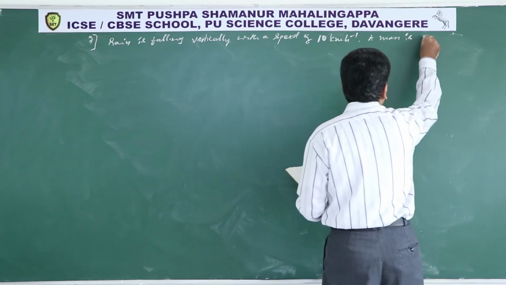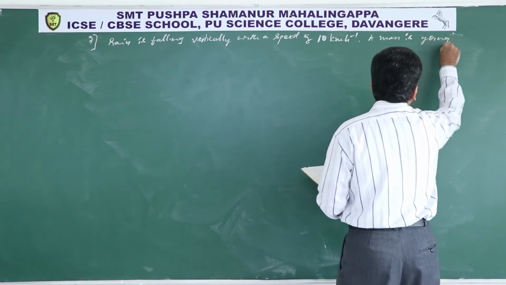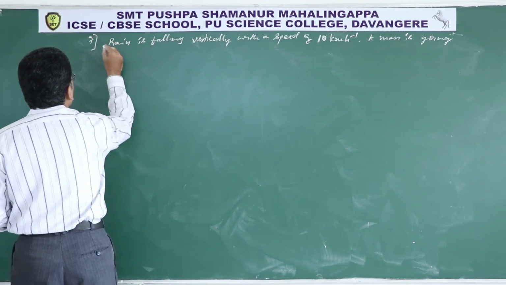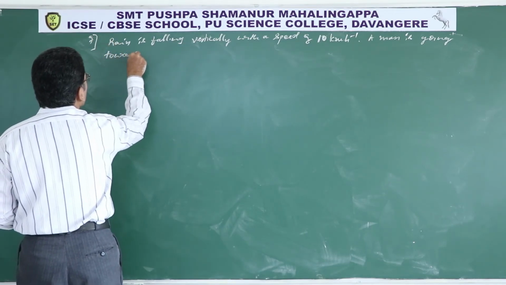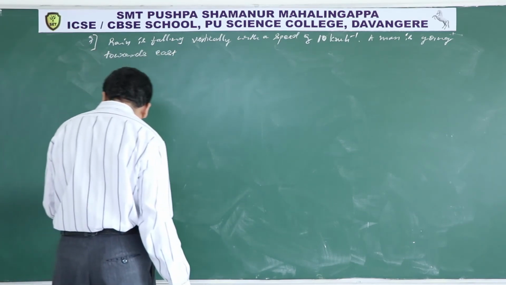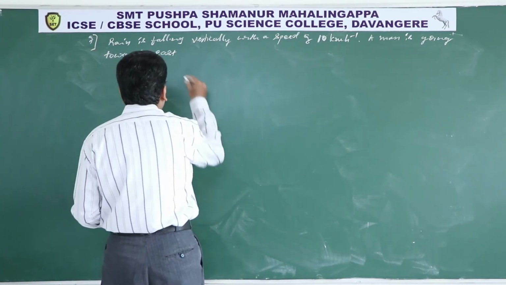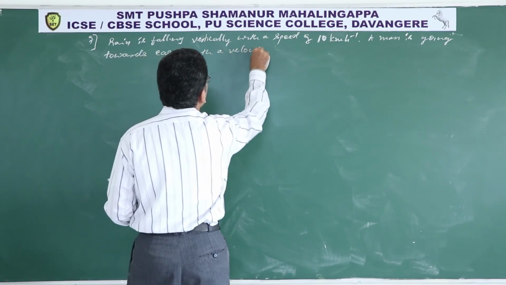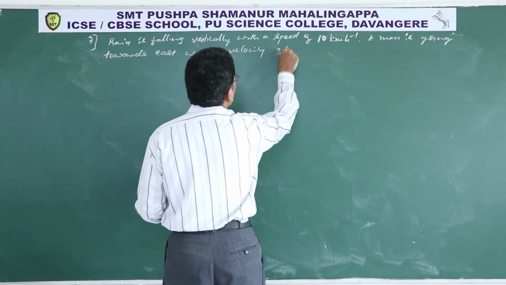A man is going due east with a velocity of 3 kilometers per hour.